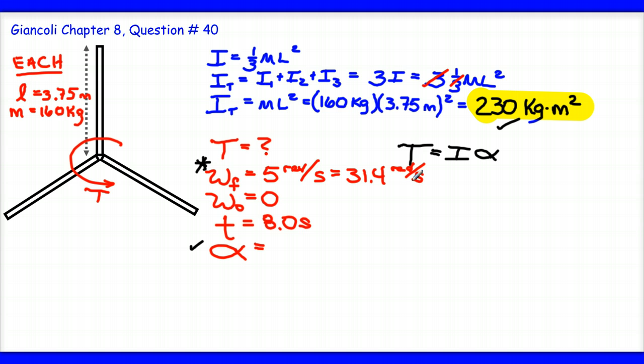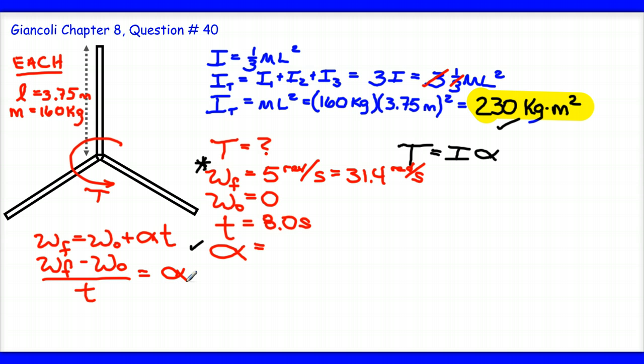And then I'm ready to proceed and solve for alpha using the second equation of kinematics. Omega final is equal to my initial angular velocity plus my angular acceleration times time. Solving for angular acceleration, I get omega final minus omega initial divided by time.